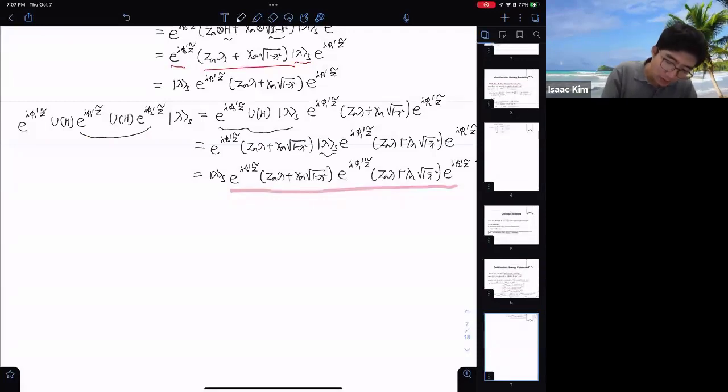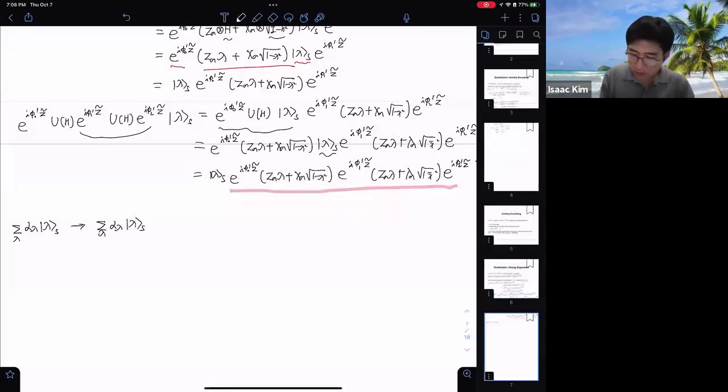So if you have a general state, alpha lambda, which is a linear combination of these things, then this state will be transformed under this operator as sum over lambda, alpha lambda, this thing.